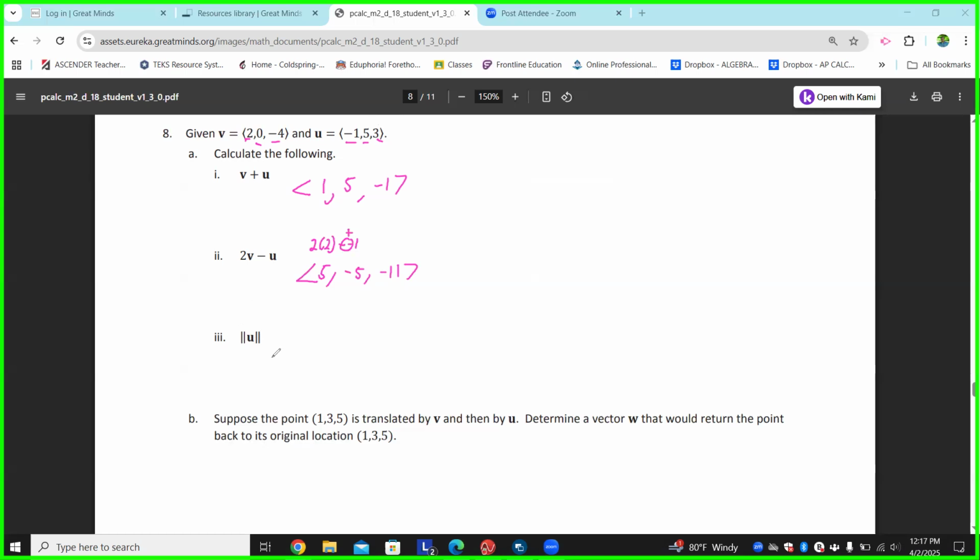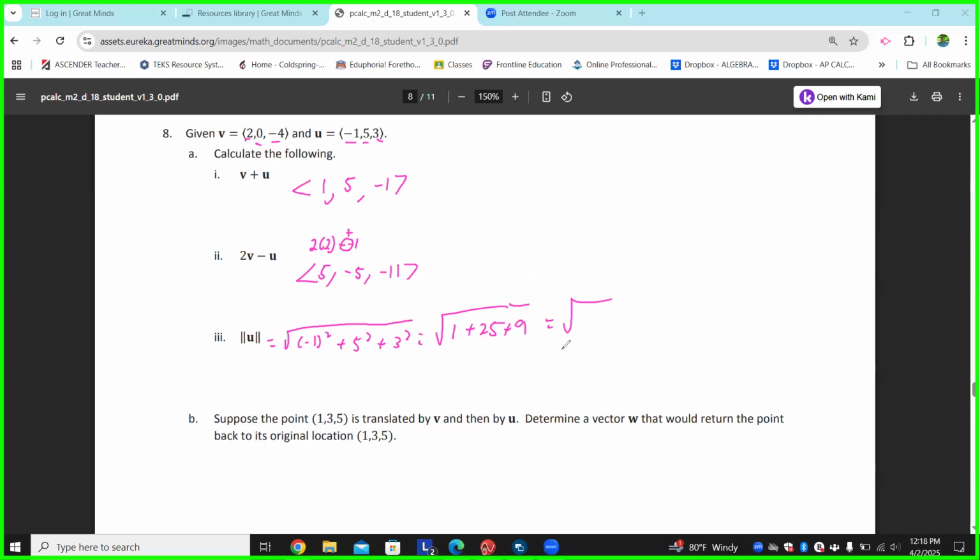What does this mean? Magnitude, which is the distance. So I'm going to do the square root of 1 squared is 1, 5 squared is 25, 3 squared is 9.